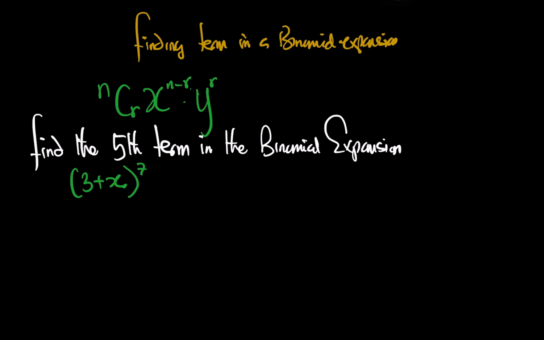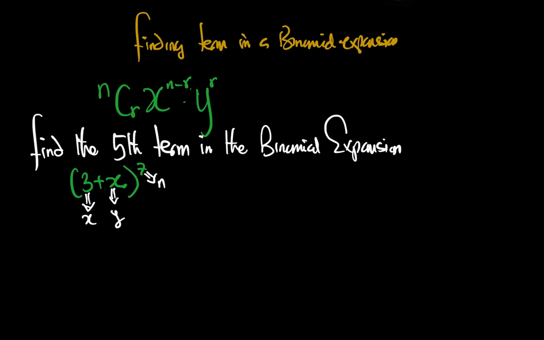We don't need to expand everything. We're just going to plug in the formula and see what we get. Let's say this could be our x here, and then this is our y, and this is our n.